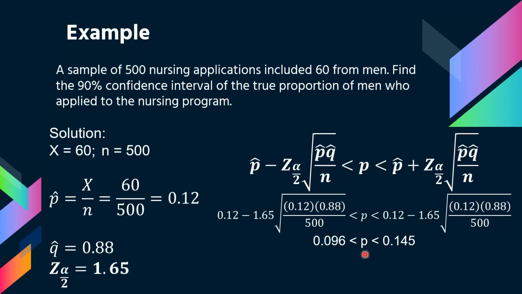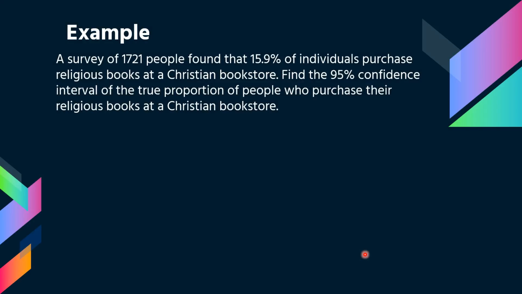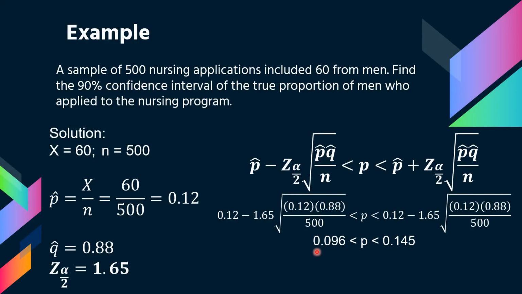Okay, so this is now our confidence interval of the true proportion of men who applied for nursing. So between 9.6% and 14.5%. So konti lang talaga ang lalaking nag-apply ng nursing sa ating example.